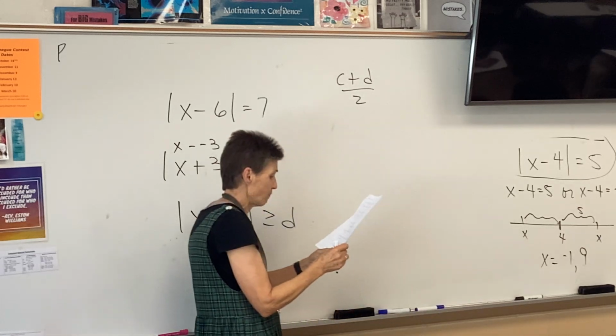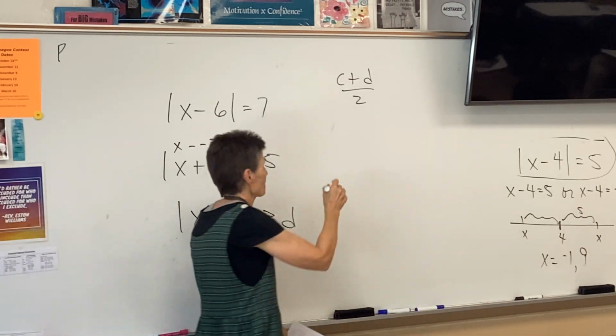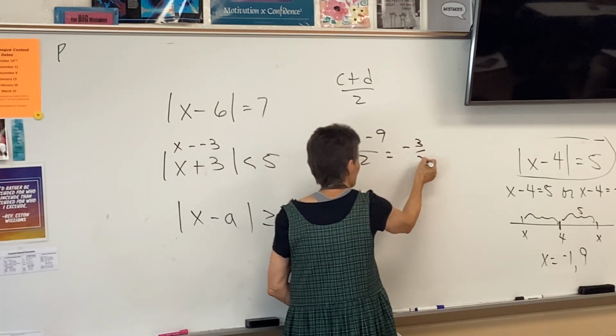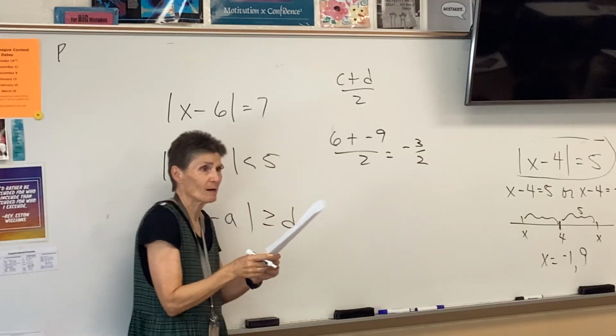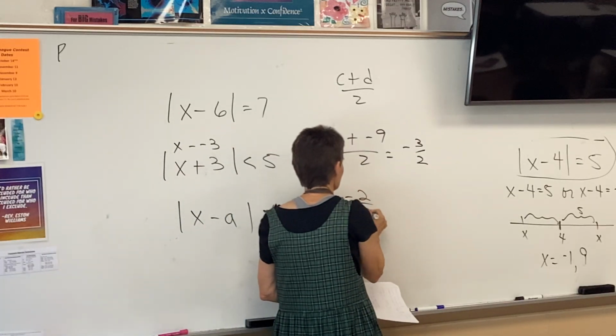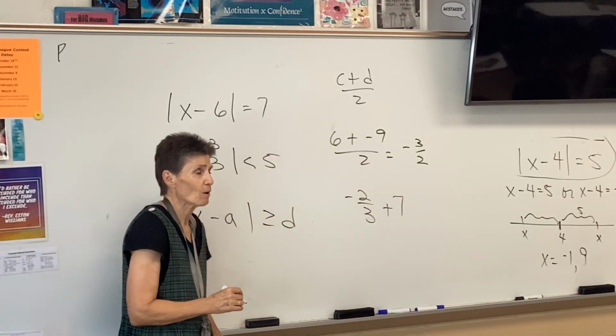What would it be for 6 and negative 9? Negative 3 halves? Keep an eye on my arithmetic. How about negative 2/3 and 7? Don't freak out because there's a fraction involved.